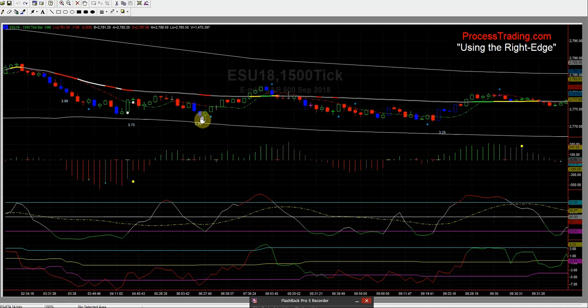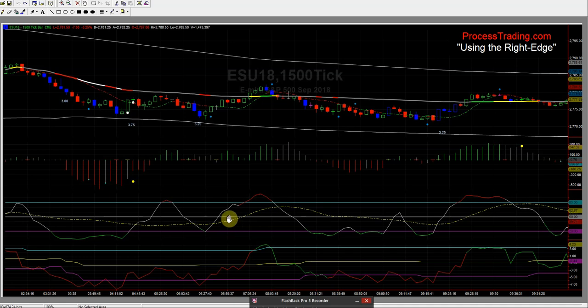And being able to read the energy behind the volume, which drives price, helps you establish yourself on the right side of the trade. So now let's look at a price cycle from the oscillator down here.